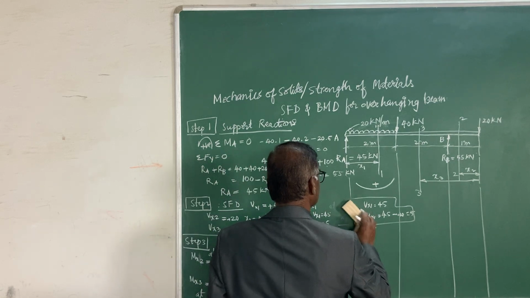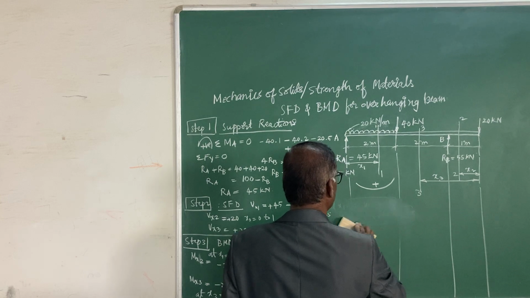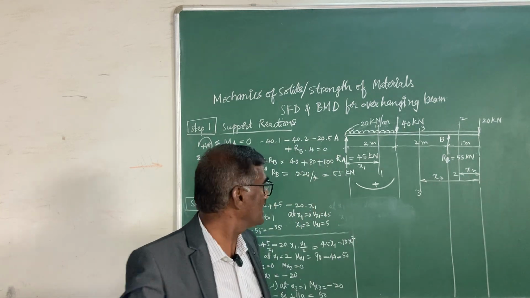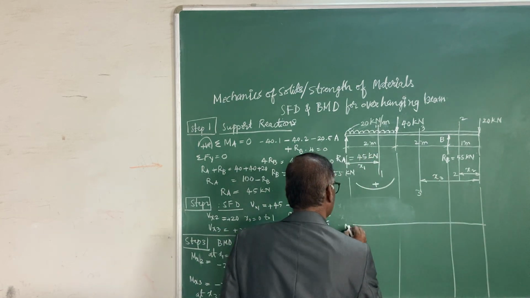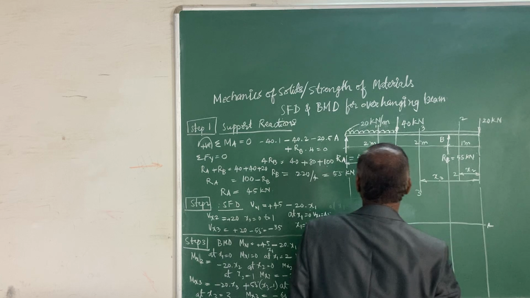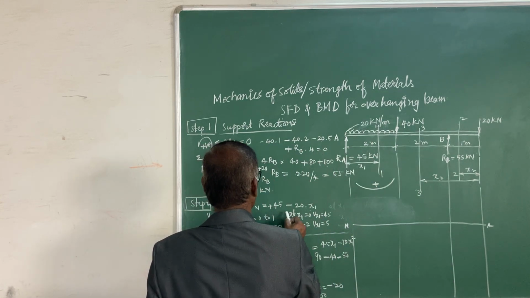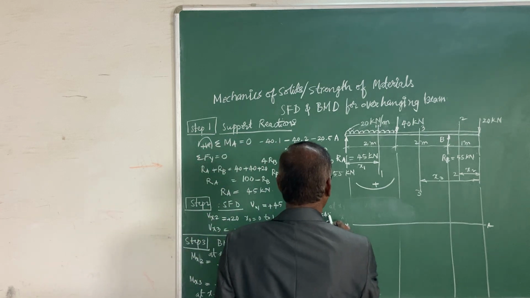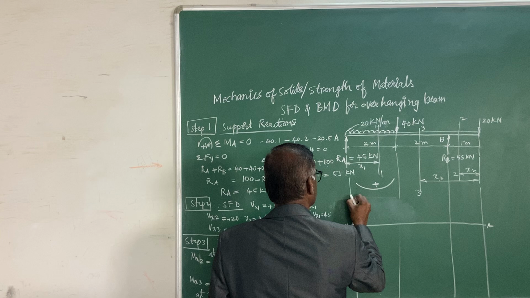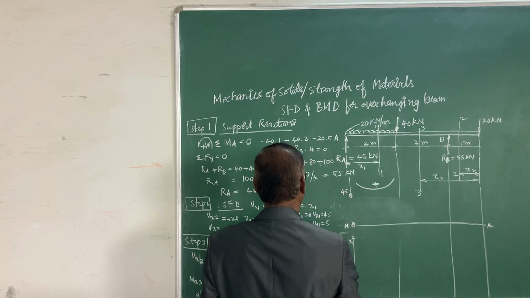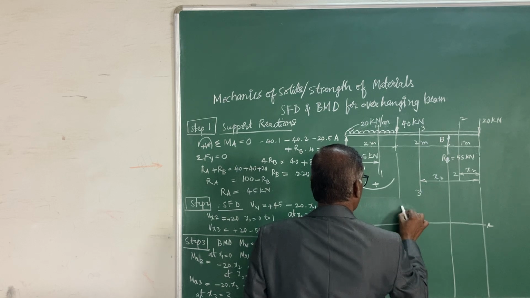I would like to draw the SFD and BMD aligned with the configuration diagram. So let us draw the neutral axis line NA, and mark salient points of the shear force diagram. At x1 equals to 0, it is plus 45, and at x equals to 2, this value is 5.